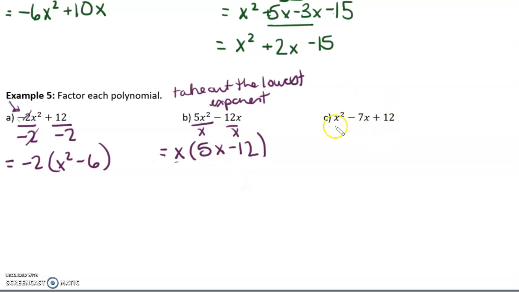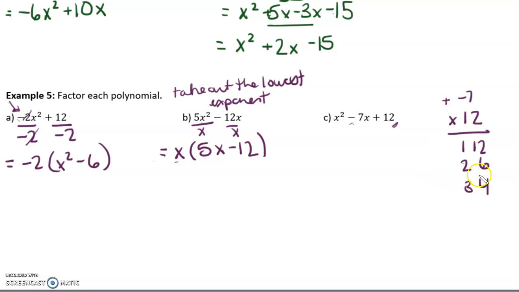Okay, a little bit different for C. In C, we have a trinomial. So we want to find two numbers that multiply to 12, and then add to this middle number. So with this 12, I sit here and I list all the factors of 12. And then I look at them and I say to myself, which ones add to -7?